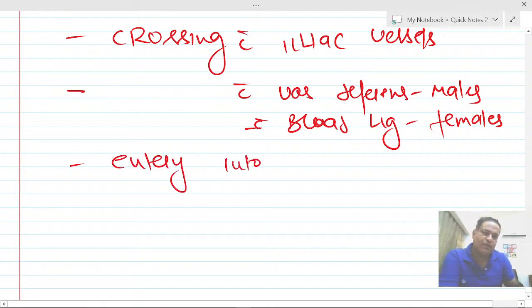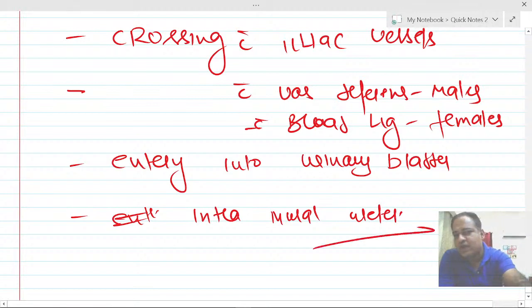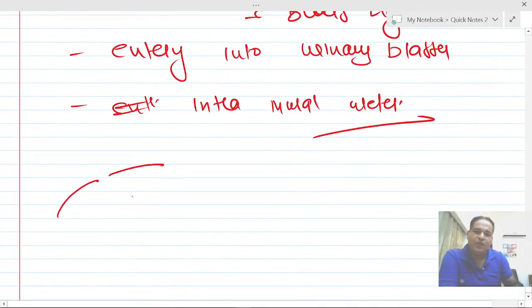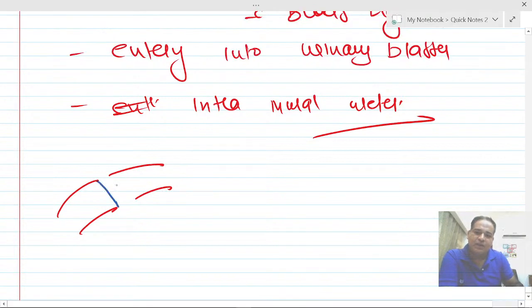The fourth is entry into the urinary bladder. And the fifth is the intramural ureter. Intramural means where it is lying between the muscles of the urinary bladder.